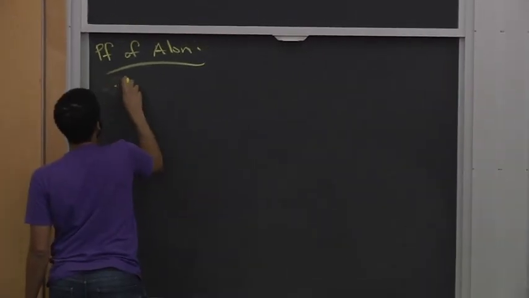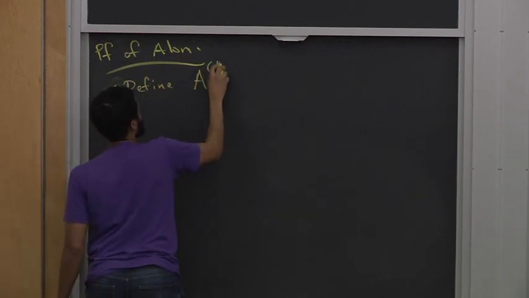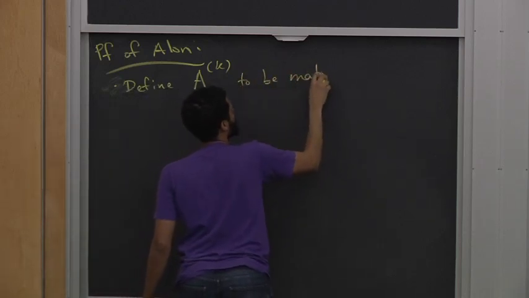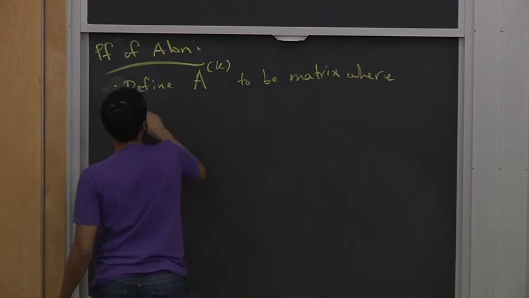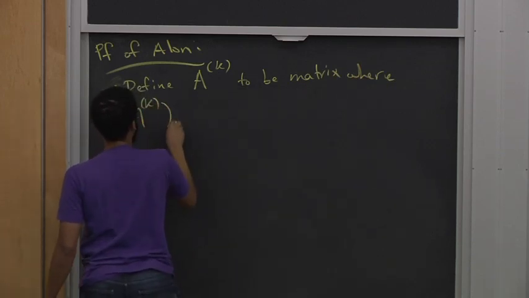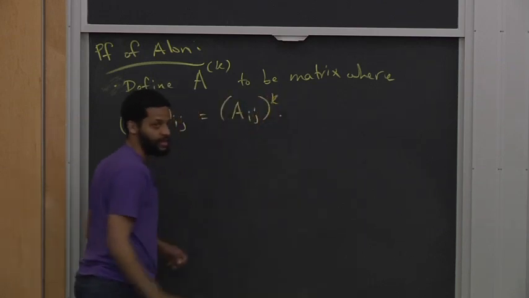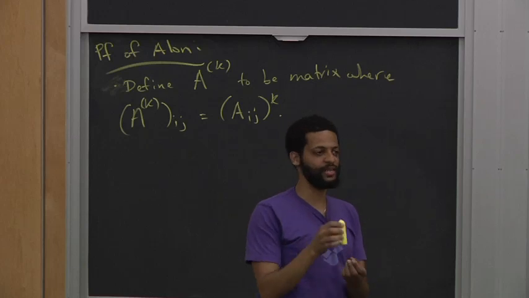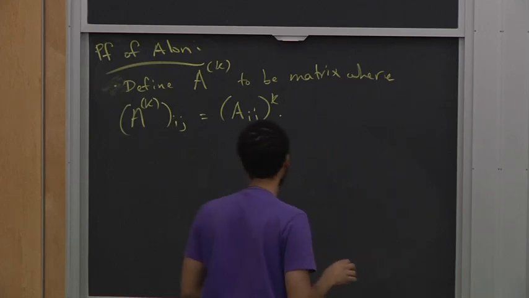Define, let's call it A_k, to be the matrix where A_k(i,j) is just a_ij to the kth power. We're not taking the matrix to the kth power. We're entry-wise taking every entry to the kth power. Okay.